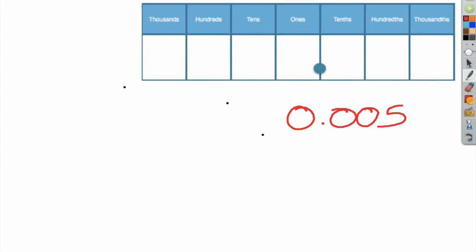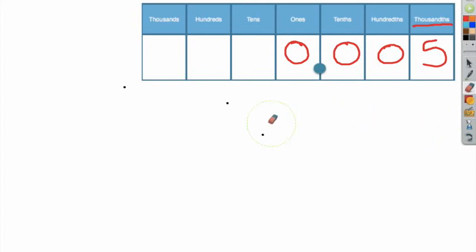My suggestion when they say write this in word form would be to make a place value chart, write the number in the place value chart so that you know which word you will be putting at the end of that number you write. Now, let me tell you something that some of you might not know. Some of you may know this, some of you might not.